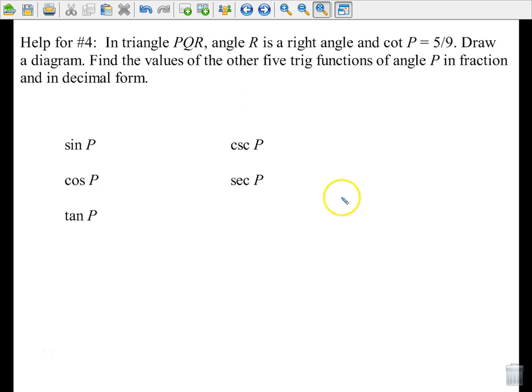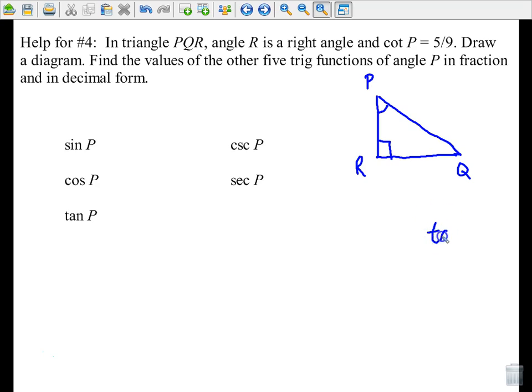Number 4. Once again, we're supposed to draw a triangle, so let's do that first. Here's my right triangle. This time, R is the right angle, and we'll let this be P and this be Q. This time we're told that cotangent P is 5/9.